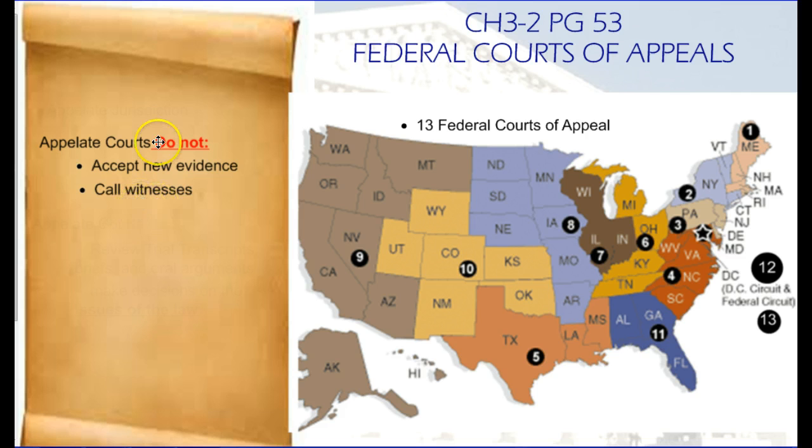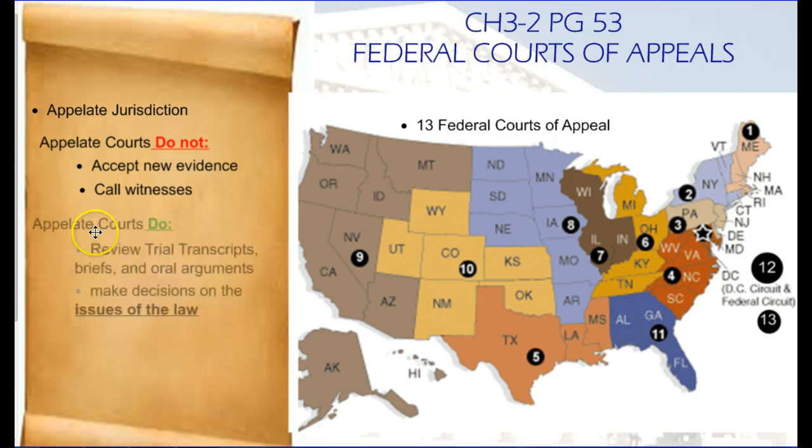And they do not call witnesses. They have appellate jurisdiction, which means they hear the case the second time around. What they do is review trial transcripts. They look at appellate briefs and oral arguments. Once they've gone through those, they make a decision about the issue of law. So what was it that the parties were not happy with in the first trial? And then they will make a ruling.